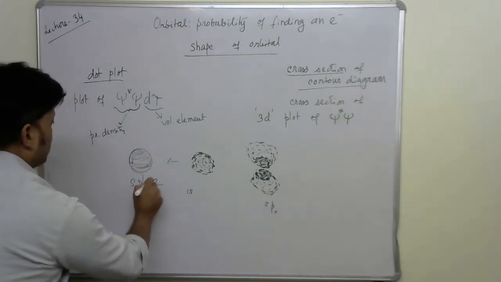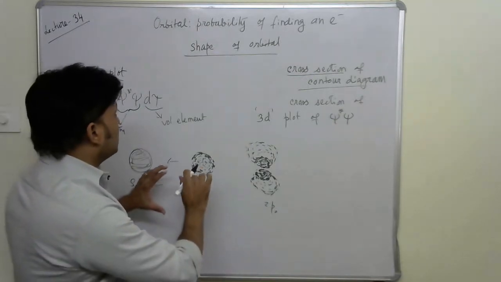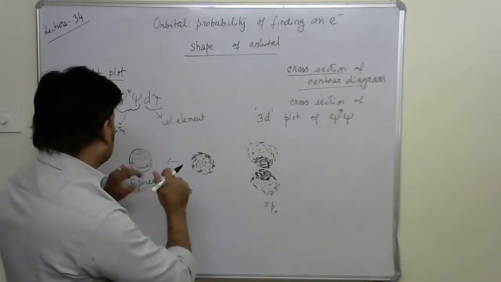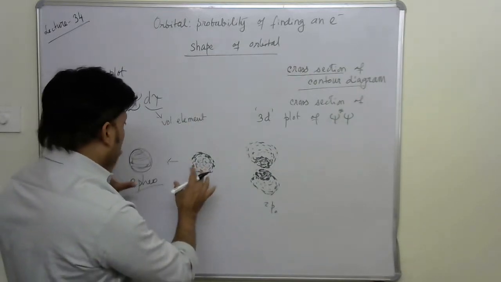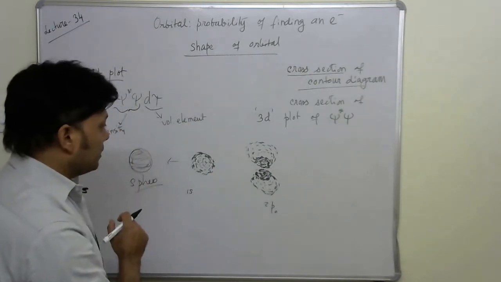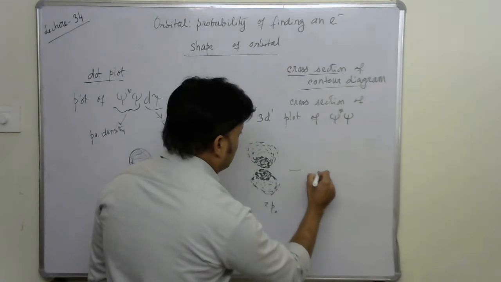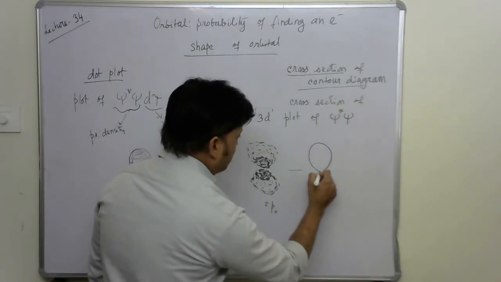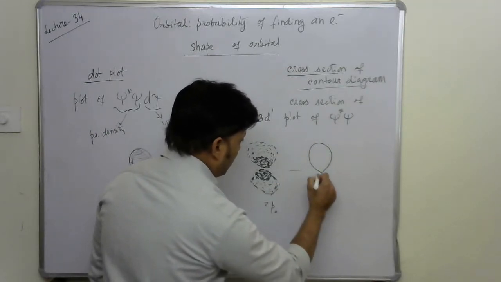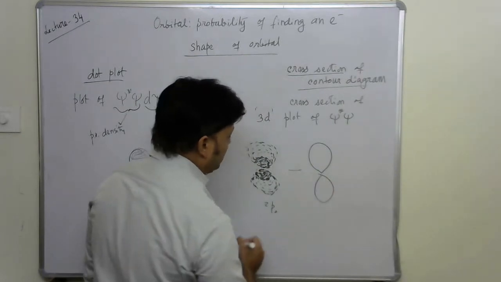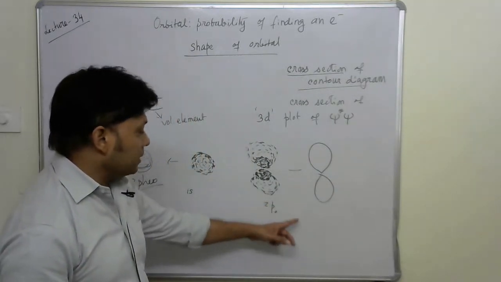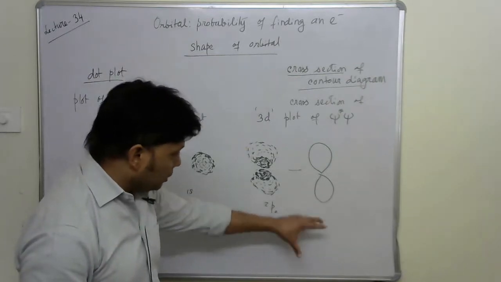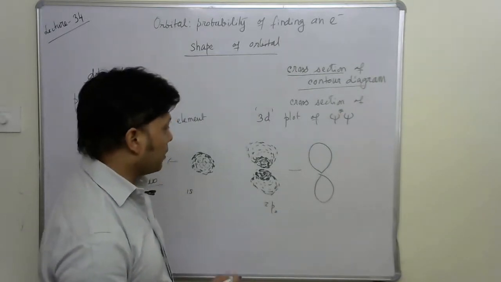So the sphere is the shape of the orbital, but the probability dot plot is something like this, and this is sometimes represented like this. This is the actual representation of the orbital, considering both the radial and angular part.